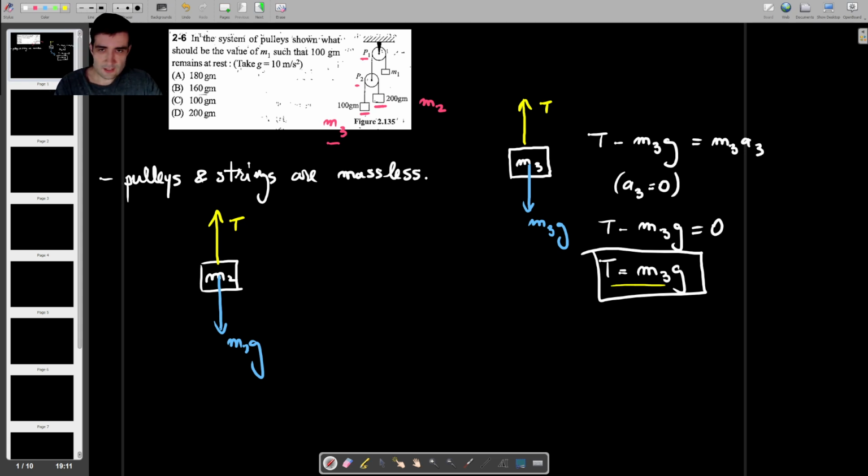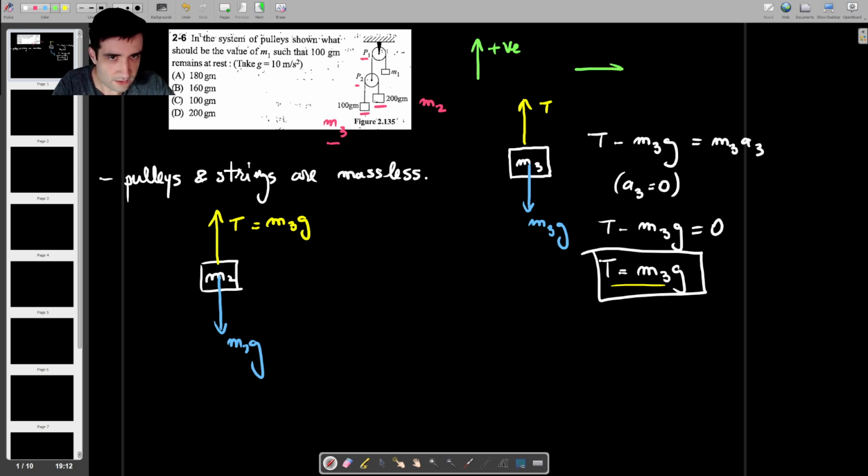So instead of ending up with a massive linear system in the end, I'm going to try to substitute some unknowns as I go along, because if it's easier, I'll just do it. So this tension is going to be equal to M3G, and I'm considering that upwards is positive, right?